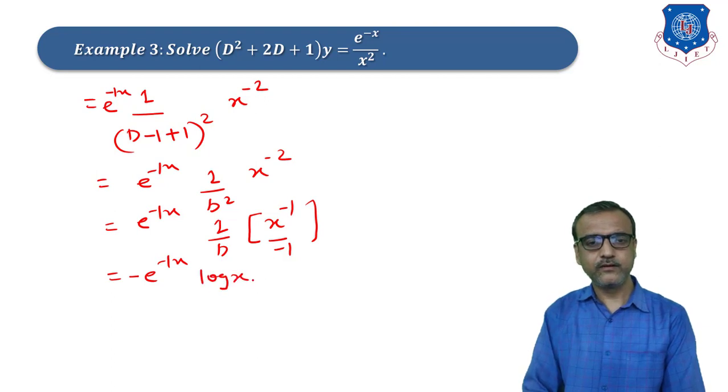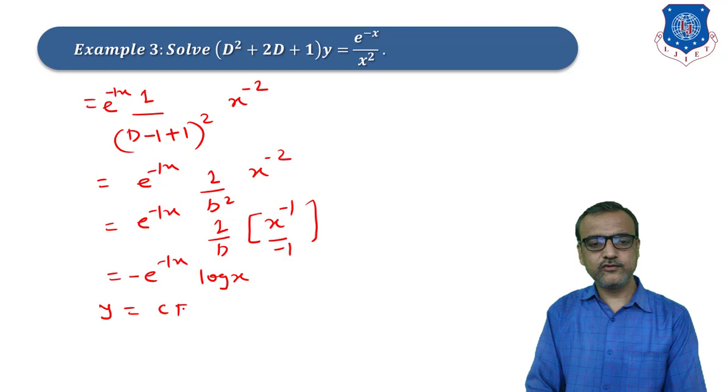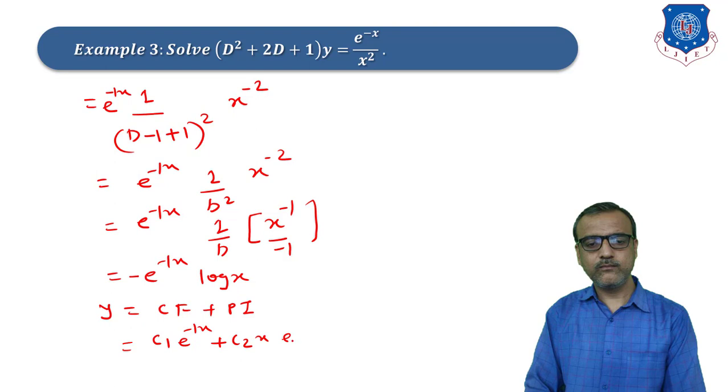So this is the required PI. At last we will write down the general solution, that is y equals to CF plus PI. CF is C1 e raised to minus x plus C2 x e raised to minus x, and PI is minus e raised to minus x log x.